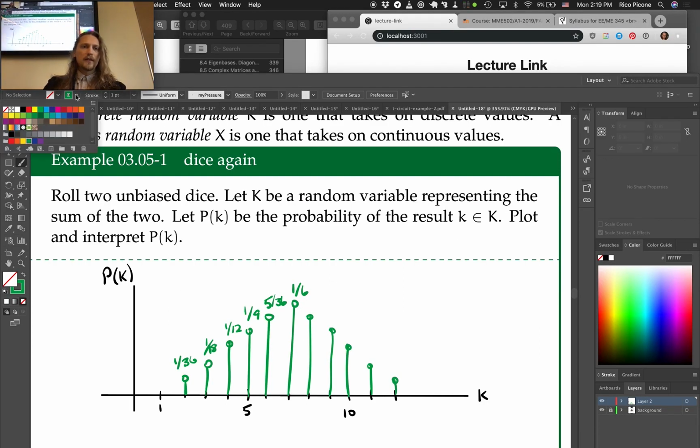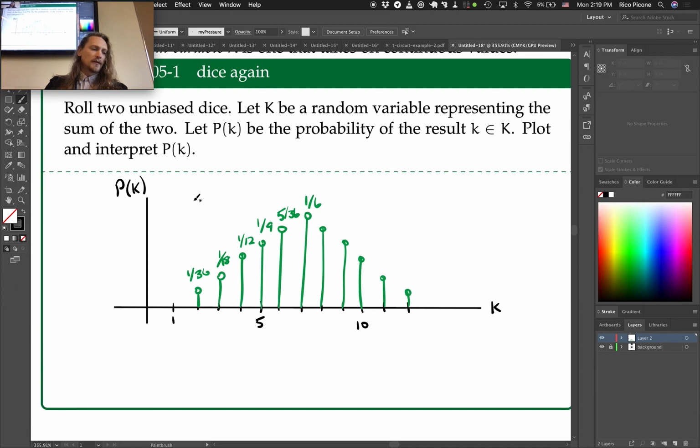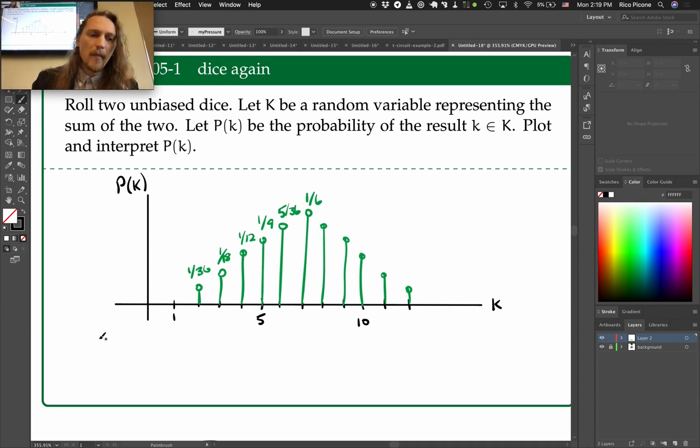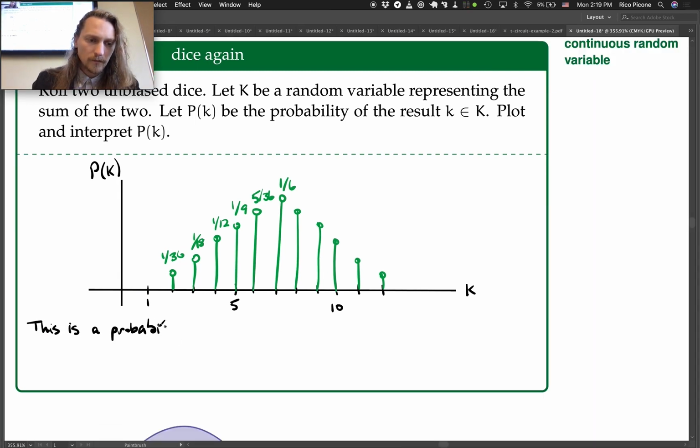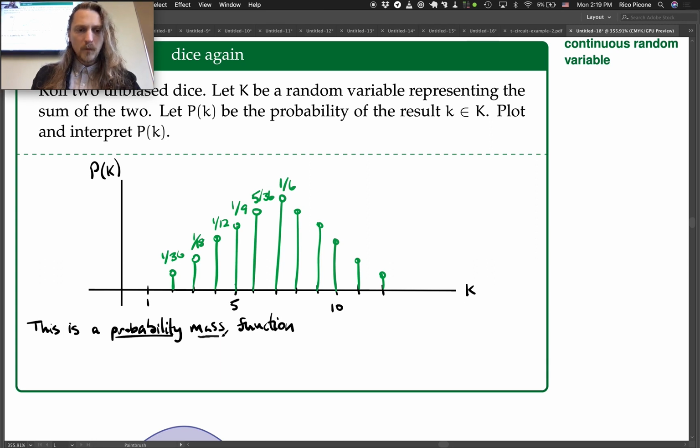So what we've just drawn has a name. It's called the probability mass function. This is like underlined or italics, okay? Or sometimes we just say PMF.